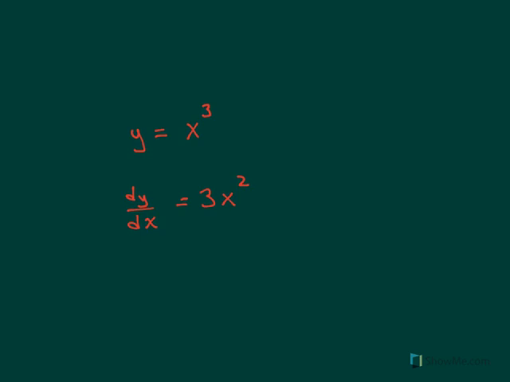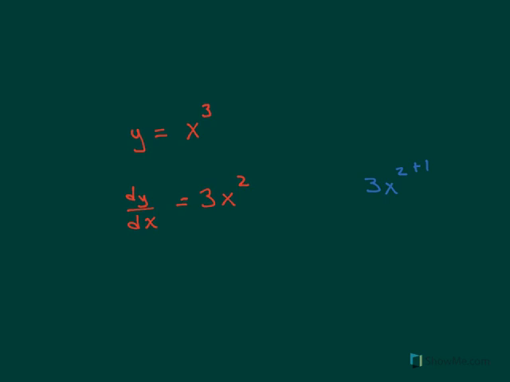If we had 3x squared as the derivative, the original function had to be x cubed, because if you derive x cubed, your 3 would come down, and then you subtract 1 off the power and you get 2. So what you're basically doing is adding 1. If you had your 3x squared, you're going up a power, so adding 1, and then dividing by that new power.